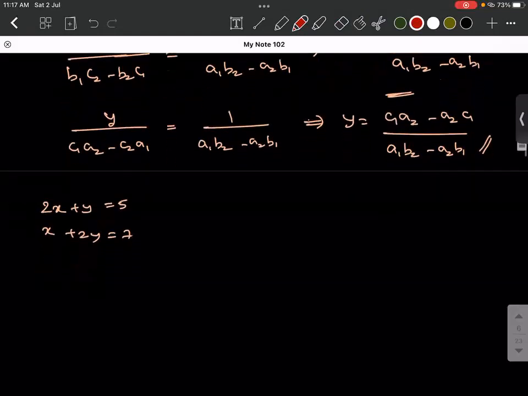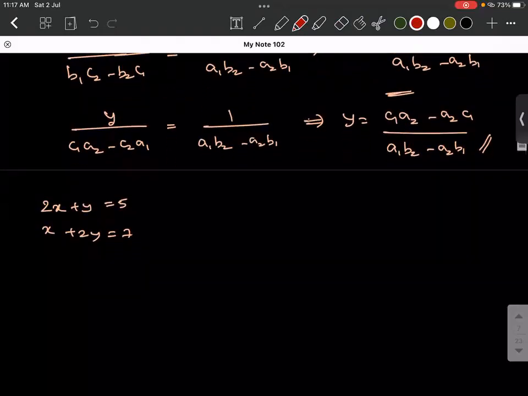So what should I start with? b1 is how much? b1 is the coefficient of y. b1 is 1, b2 is 2, c1, c2, 5, 7.